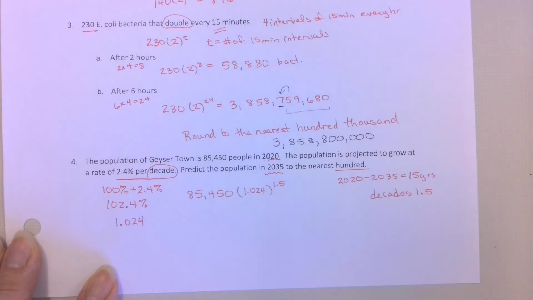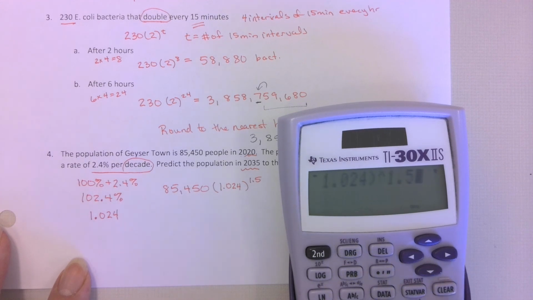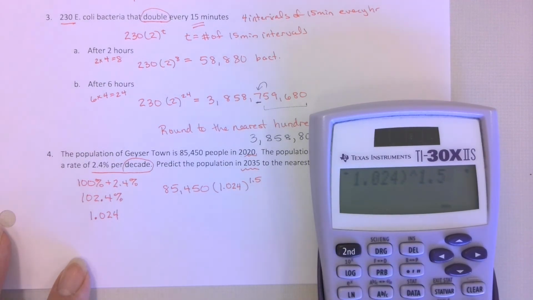All right, so you're going to type that into your calculator. 85,450 times 1.024. I don't think it hurts to double check that you typed in the right numbers, to the power 1.5. Again, if you misinterpret this and you put it to the power of 15, you're going to get a very different answer. Once we hit enter, we get this large number, and it told us to round it to the nearest 100.